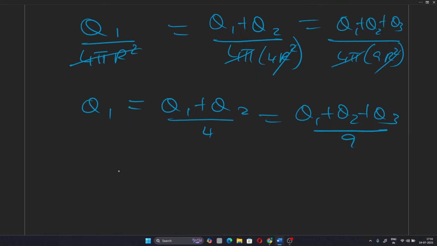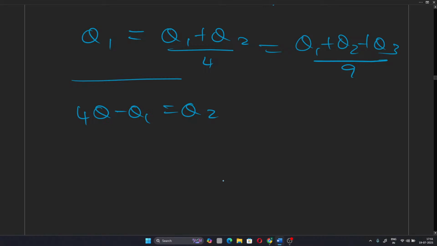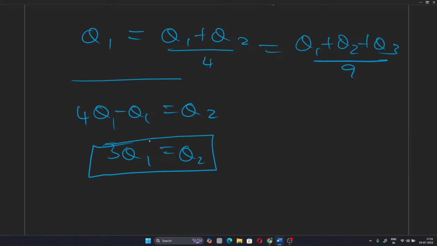From the first relation, 4q1 minus q1 equals q2, so 3q1 equals q2.